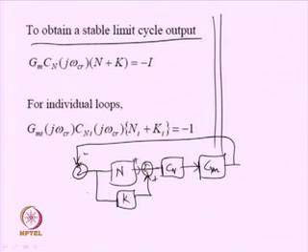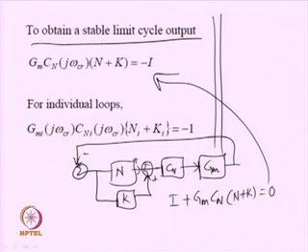So, this will give a characteristic equation of the form I plus Gm Cn times N plus K is equal to 0, and using that I get the analytical expression Gm Cn j omega Cr times N plus K is equal to minus I when s is substituted by j omega Cr.